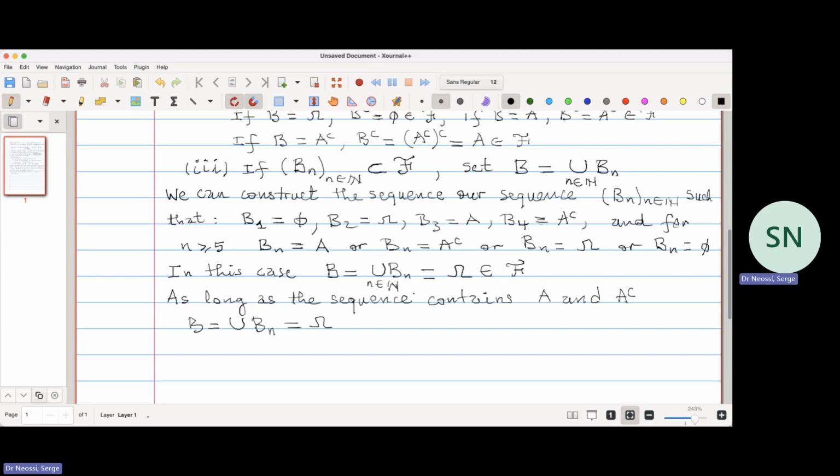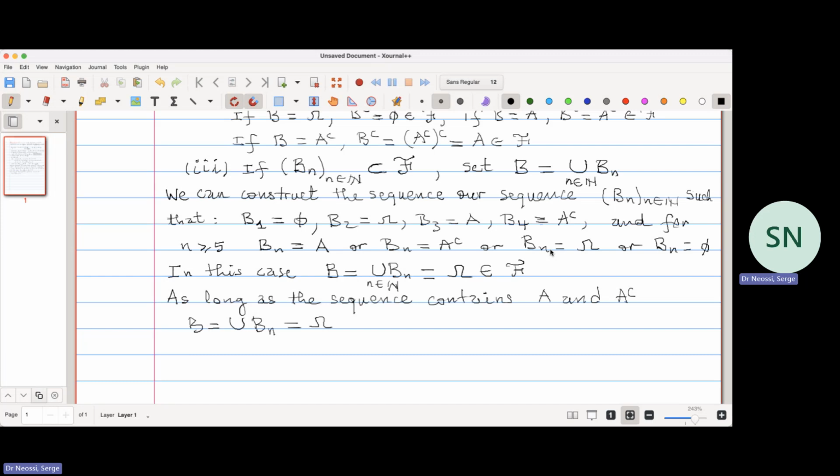If it does not contain A complement or A, if it's just stationary, equal, let's say, to the empty set, the union will be the empty set, which is still an element.